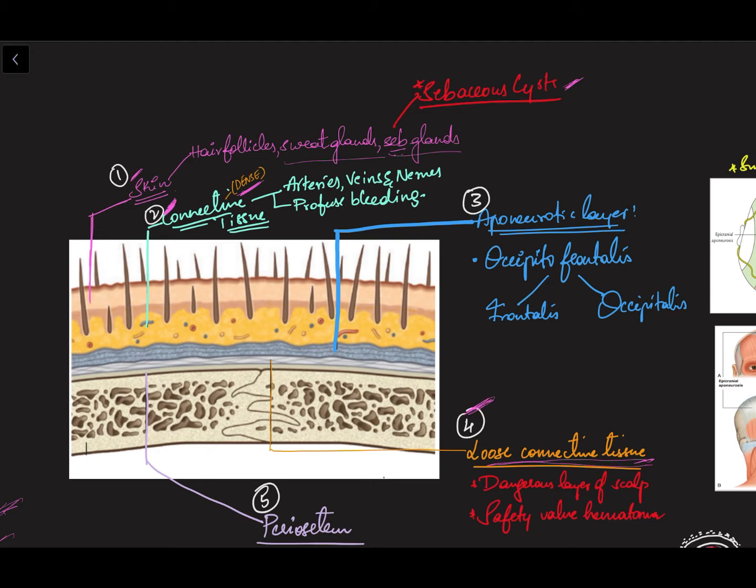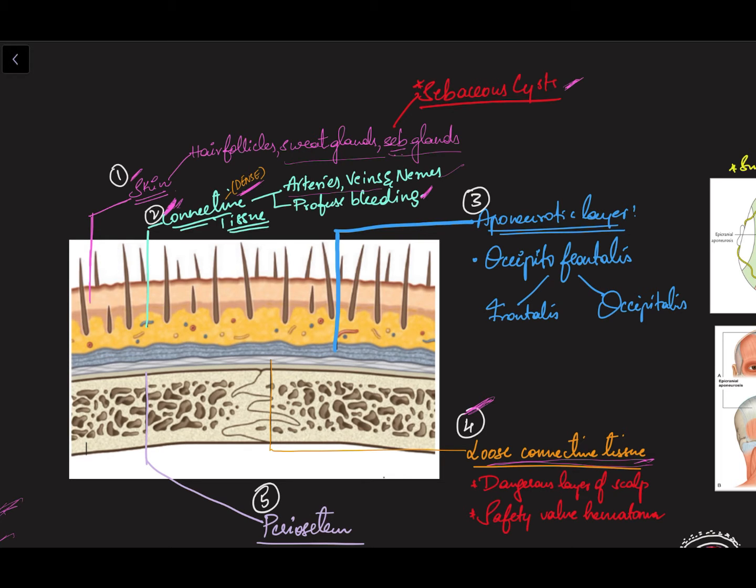The second layer, the dense connective tissue layer, has the superficial vessels of the scalp, arteries and veins, and the nerves of the scalp, right? That's why this layer has a lot of vessels and nerves. So whenever there is superficial damage to the scalp, there is profuse bleeding from this layer, because the vessels present in this layer are cut open.